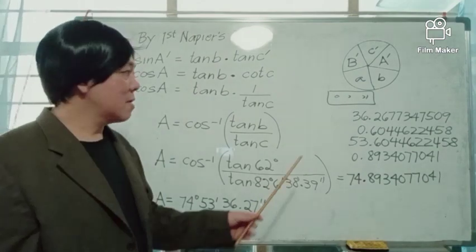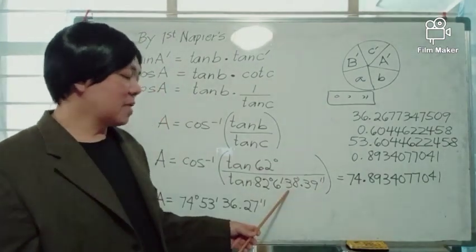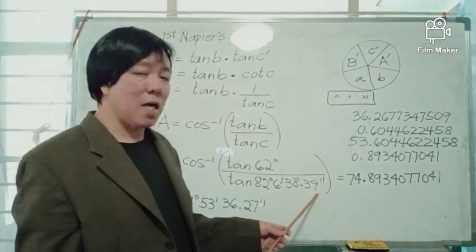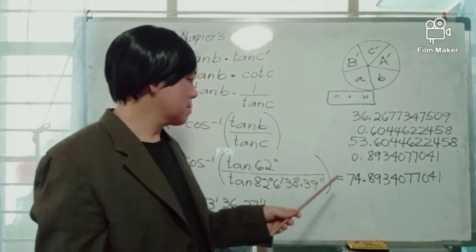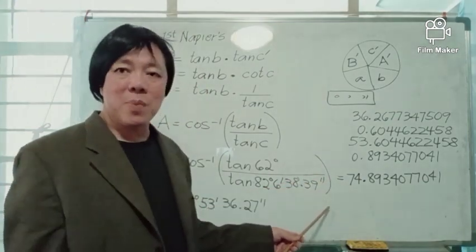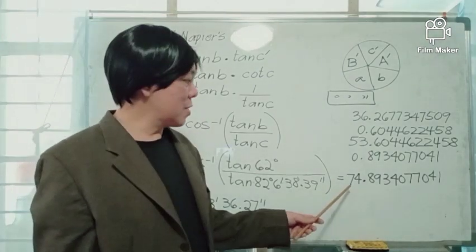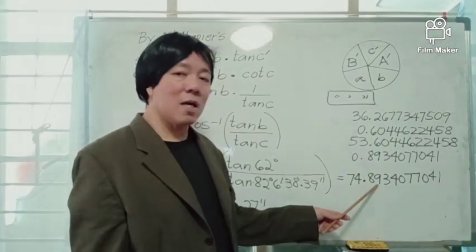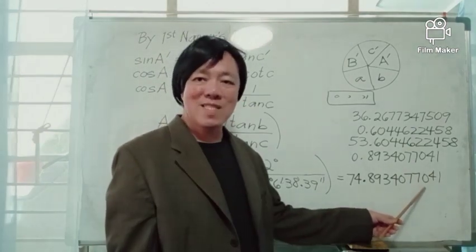Press 6, press this key again for minutes. Press 38.39. Then press this key again for seconds. Then you press close parenthesis and then you press the equal sign. And you should get 74.89340.77041.